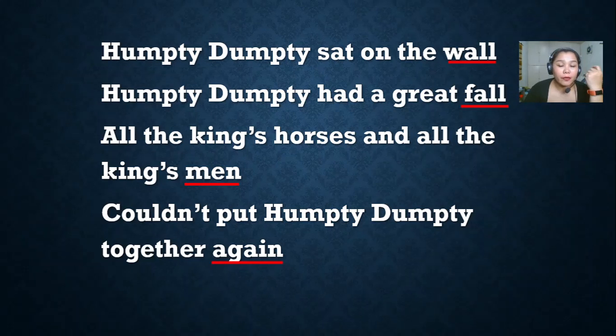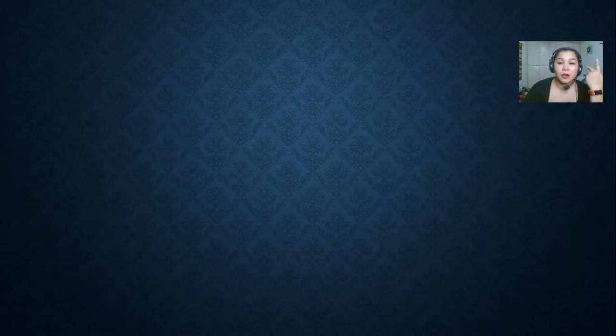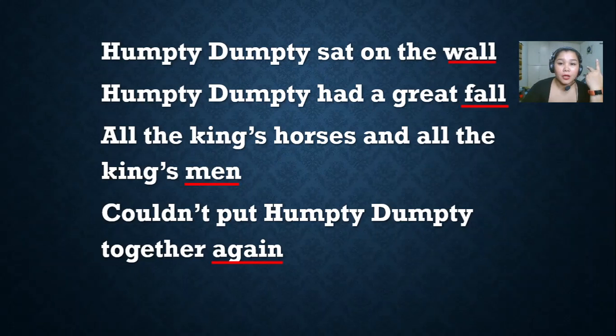Okay, now that we have identified the last words, we can now pair those that rhyme. So take note, rhyming words are those that sound the same at the end. So we have wall, fall, men, again. Let's list them down in pairs.